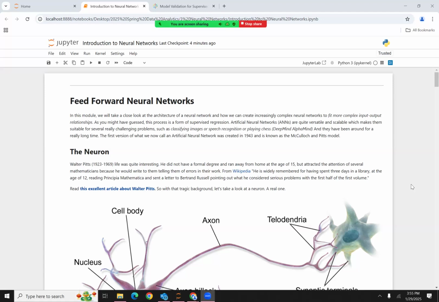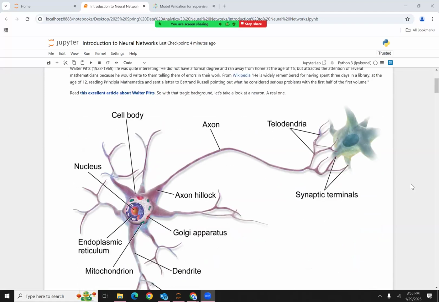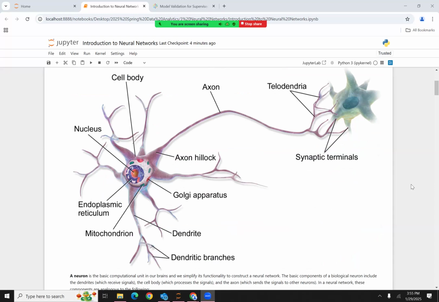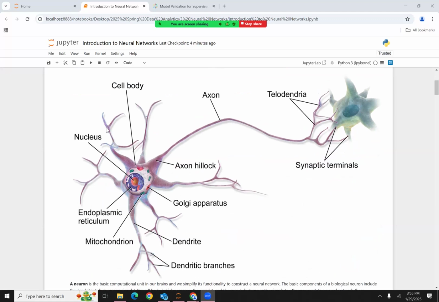All right, so with that background, we'll look at what a biological neuron looks like. This is the construct of a biological neuron. You have multiple dendritic branches which connect to other neurons upstream from where signals come through the connections.